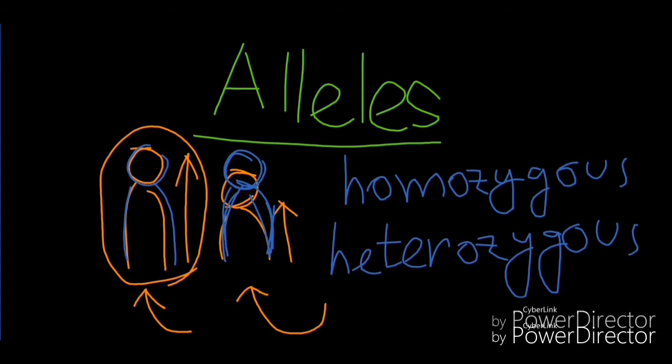That means both of your parents have the same gene, and those genes are coming from them to you. In that case, that genotype will be called homozygous. That means same genes from each of your parents.